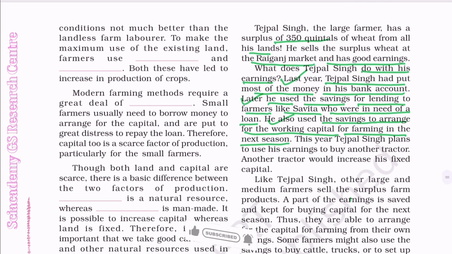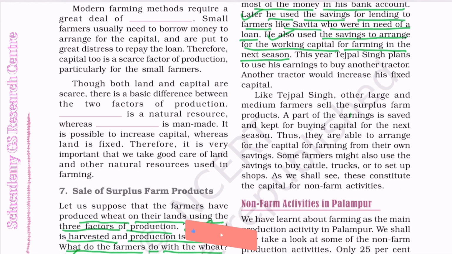This year, Tejpal Singh plans to use his earnings to buy another tractor. Another tractor would increase his fixed capital. Like Tejpal Singh, other large and medium farmers sell the surplus farm products. A part of the earnings is saved and kept for buying capital for the next season.